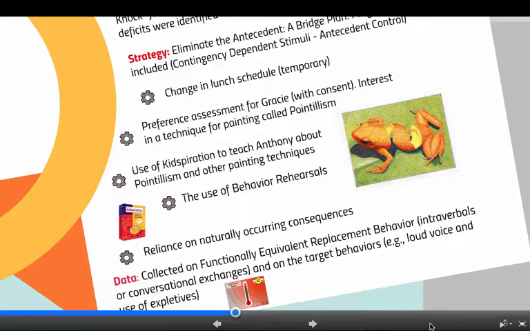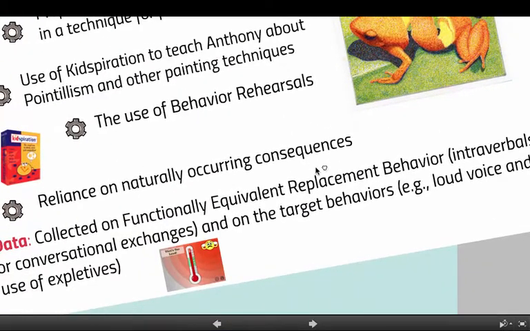Why do we do that? Because of this. Anthony was interested in speaking with Gracie. He really wanted social contact with Gracie. So in order to create social contact with Gracie, we taught him about things that Gracie was interested in. We taught him about pointillism. And that was our starting point. Then we began using what is referred to as behavioral rehearsals.